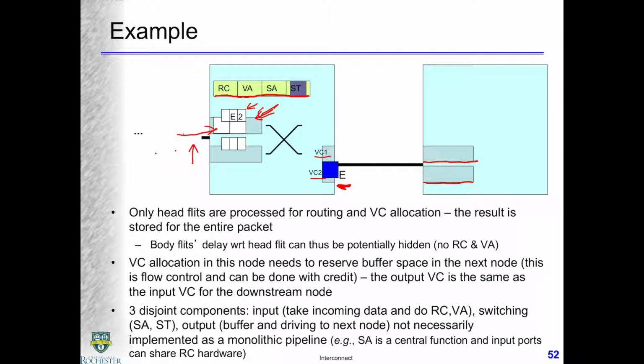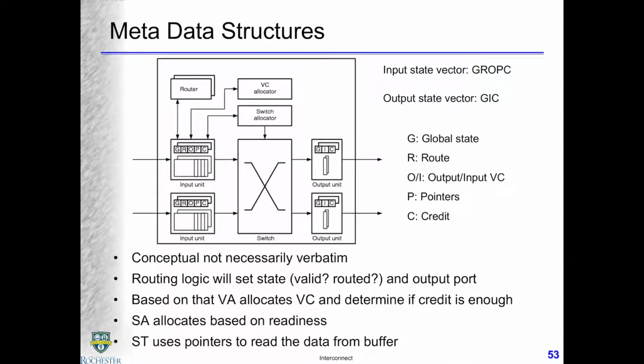It's really not a buffer for keeping the data, but to drive the signal. And so this cycle completes. Next cycle, it will go through channel traversal, and in the end arrives at VC2, and the whole process we just described repeats all over again. Okay, and this continues for the rest of the packet.